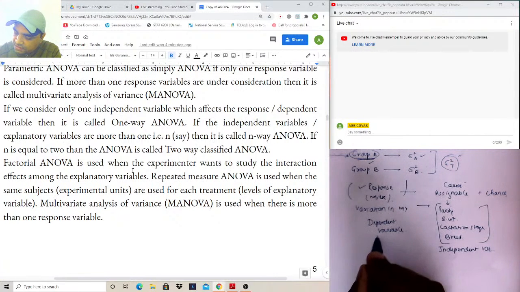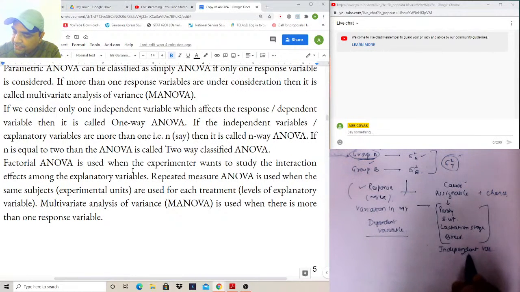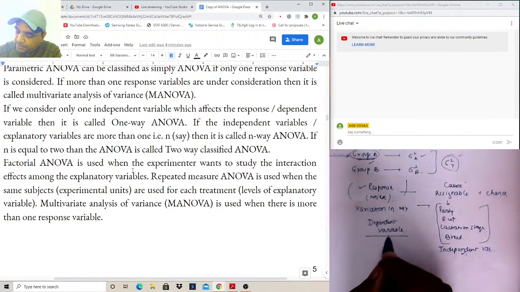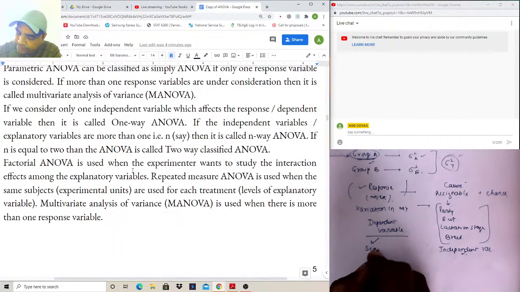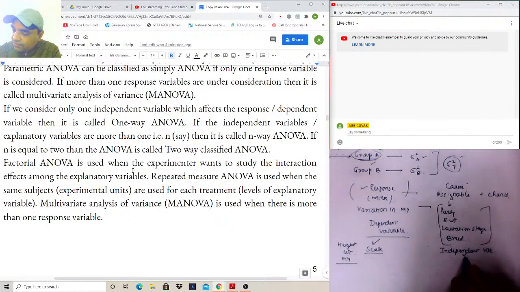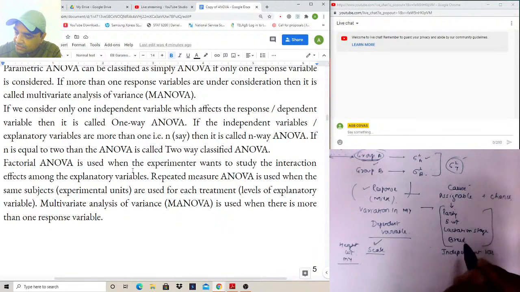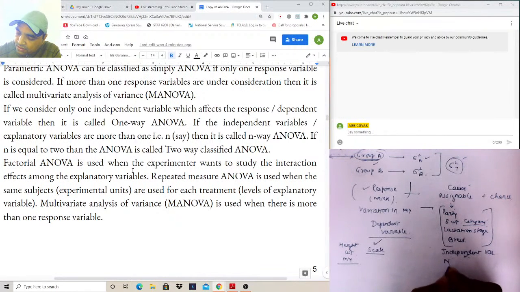This dependent variable is dependent on the independent variable, and generally these dependent variables are continuous, that is, they are scale, like height, weight, milk yield. Whereas these independent variables, like parity, lactation stage, breed or body weight category, are nominal in nature.